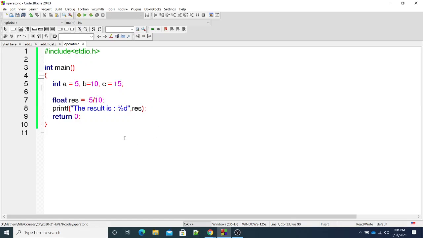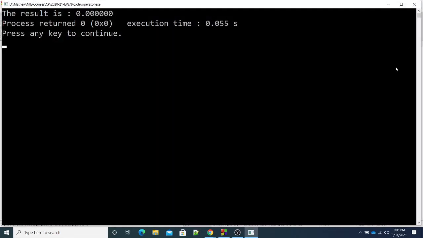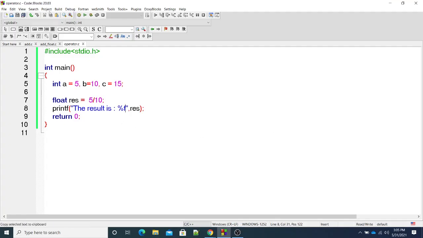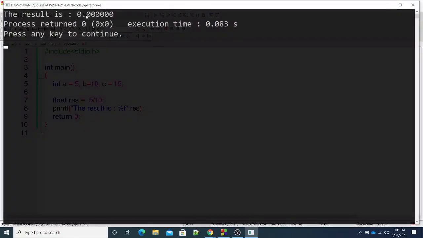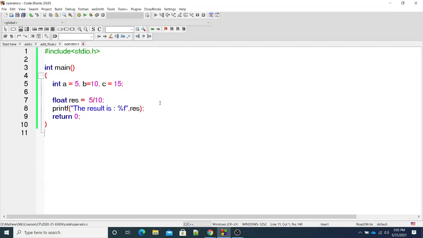And since it is a float, I have to use %f for display. So in this program, the result will be, okay, there is a problem. I did not compile it. Okay, that is also an interesting thing. I get the result as 0, even after I compile.